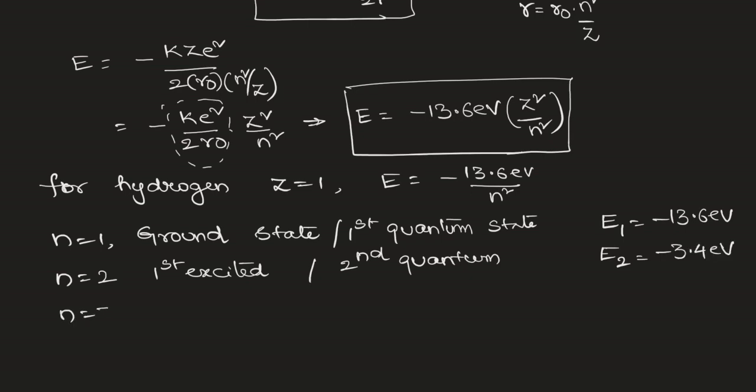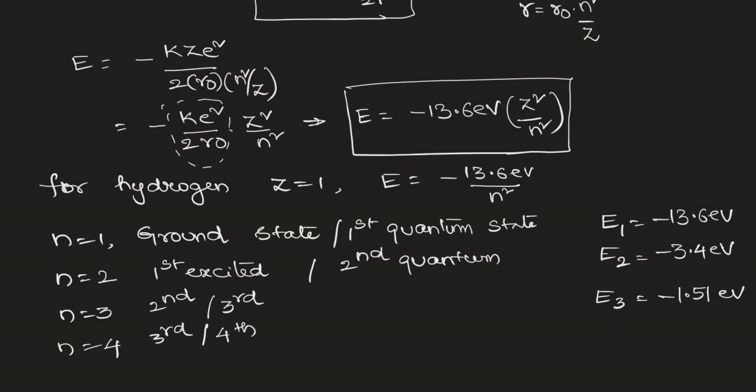N is equal to 3, that is the second excited state or third quantum state, and that value is minus 1.51 electron volts. And if N is equal to 4, that is the third excited state or fourth quantum state, its value will be minus 0.85 electron volts.